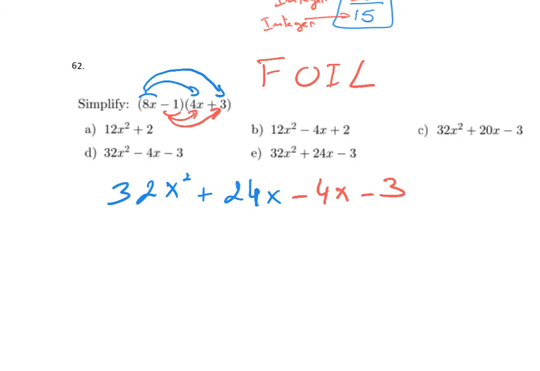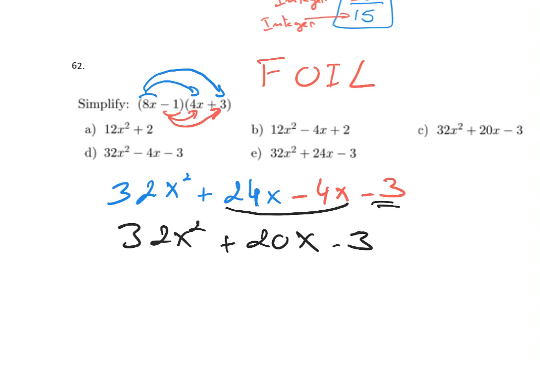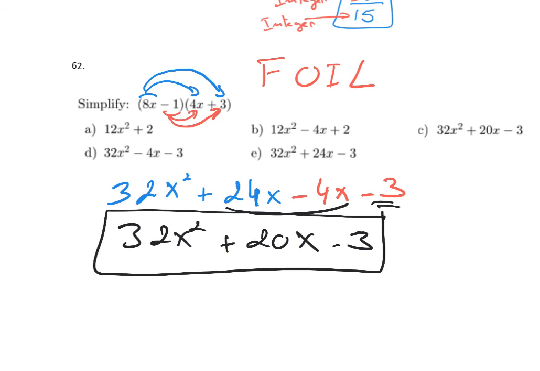All right, so we're going to combine all those. We have 32x squared, and then since we have the same variable on the same degree, we combine the middle ones, 24x take away 4x, that will be 20x. And then the last one is negative 3. That's going to be the answer, and that's exactly the same as C.